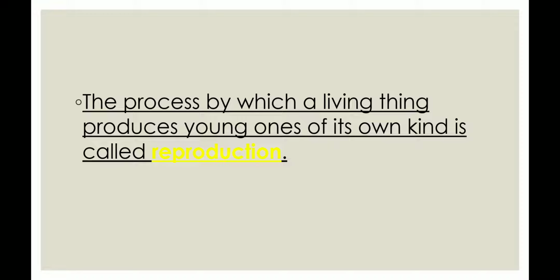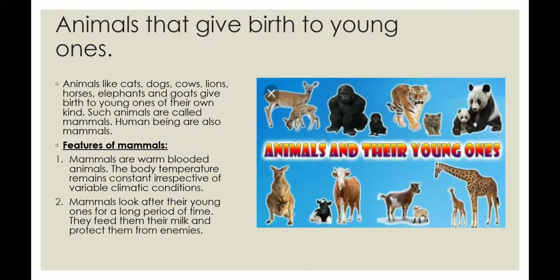Okay, understand? Now, next, first we will learn what are the animals that give birth to young ones. As I have told you in the last video, there are animals that give birth to young ones and animals that lay eggs. So first we will learn about the animals that give birth to young ones.